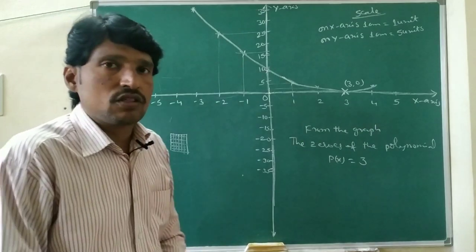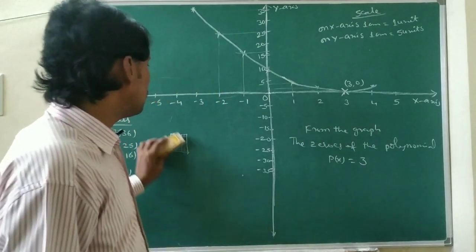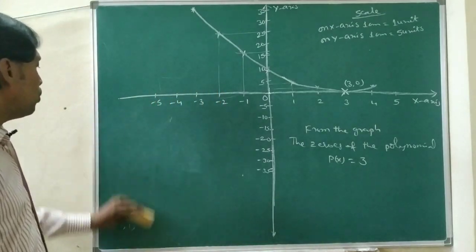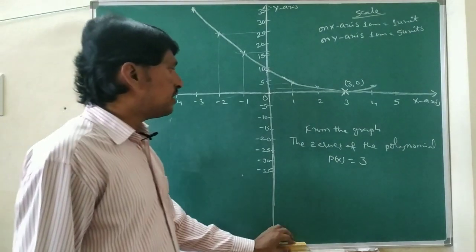So justification also they asked. For justification we can find the zeros and check once whether we get the same zeros or not.